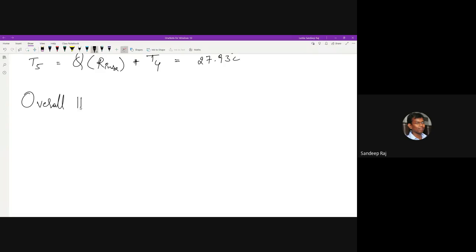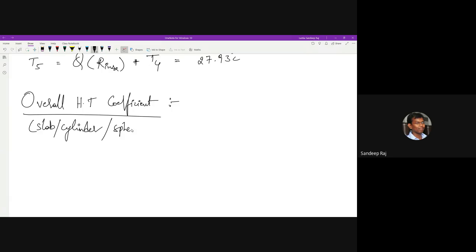You can apply this overall heat transfer coefficient anywhere, not only in this particular sphere. It can be for a slab, or cylinder, or sphere. Anything, it is applicable. So let me explain this using the slab concept itself.